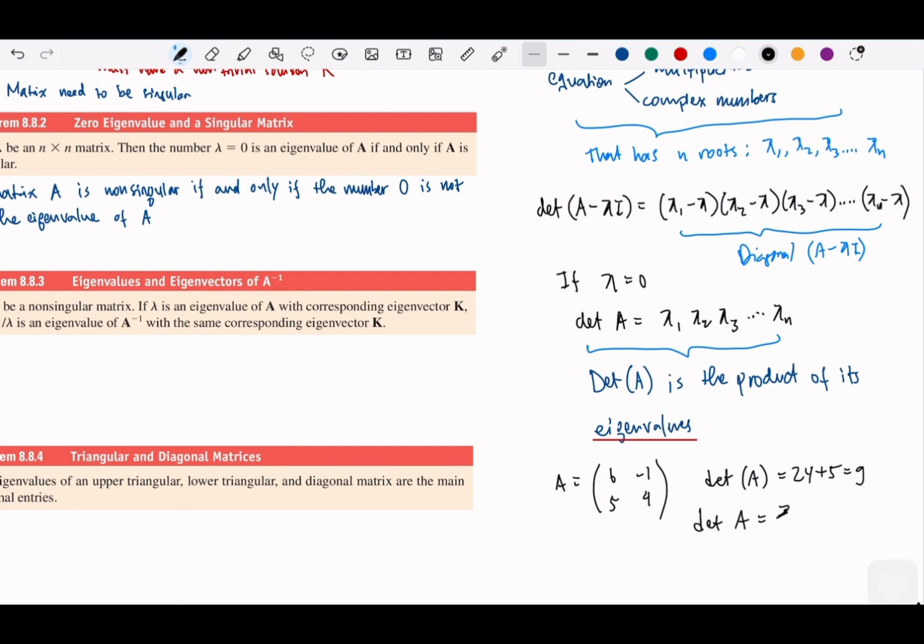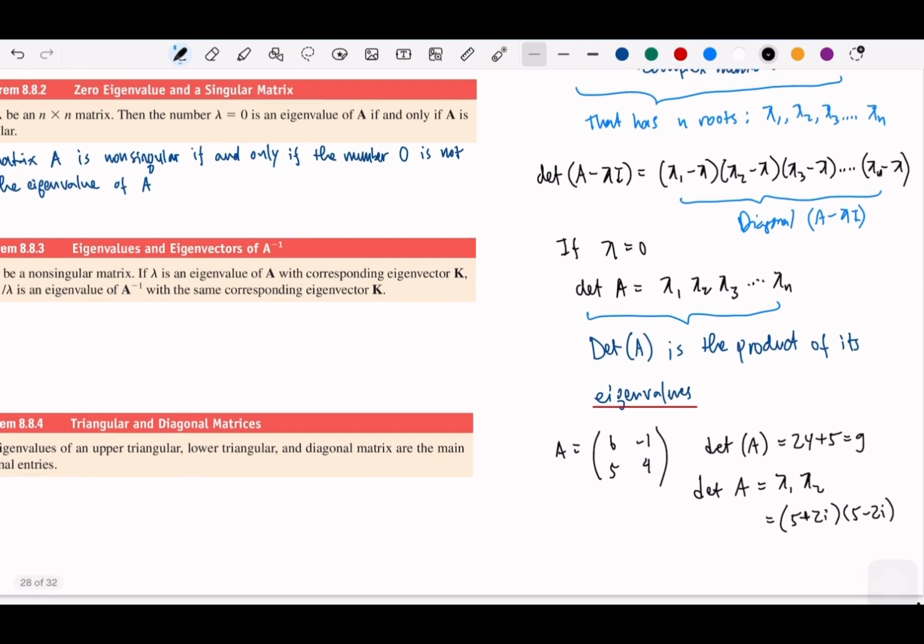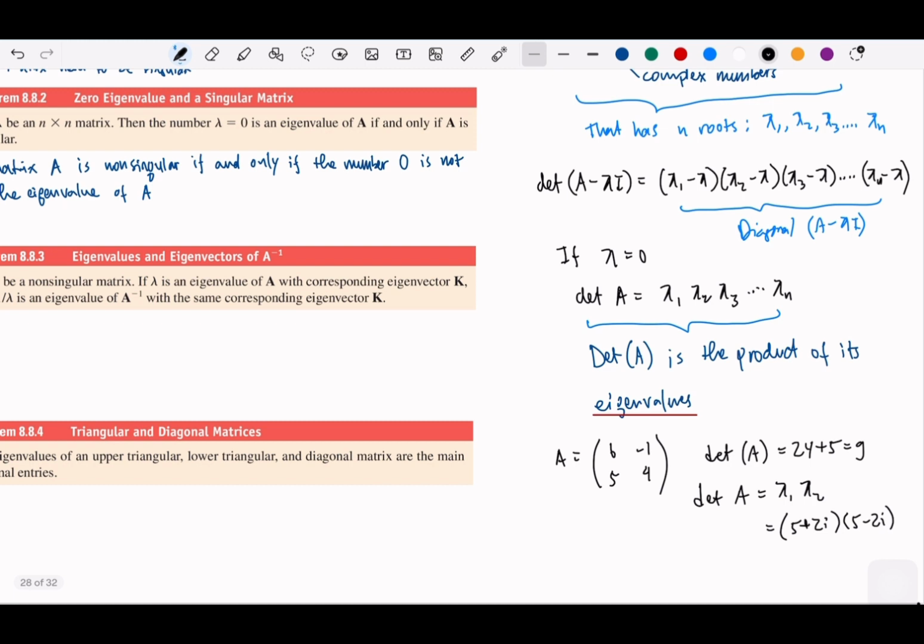Let's say we have two complex eigenvalues, lambda 1 and lambda 2, which are 5 plus 2i and 5 minus 2i. This is pretty easy to prove because it basically uses the polynomial and finding the roots, and we get exactly 25 plus 4, which is 29.